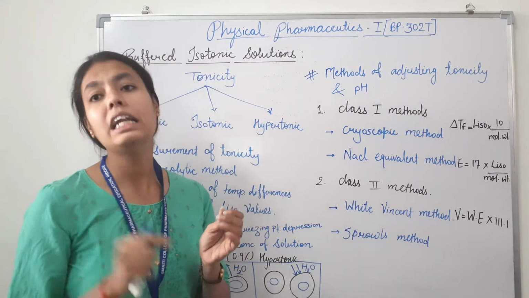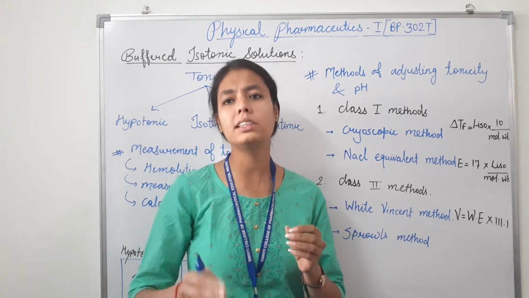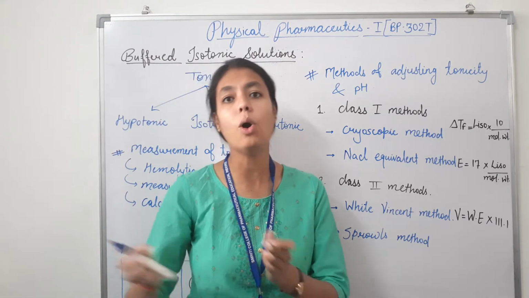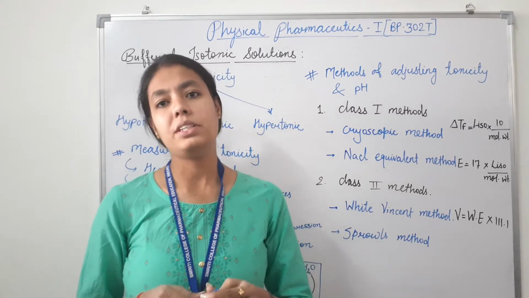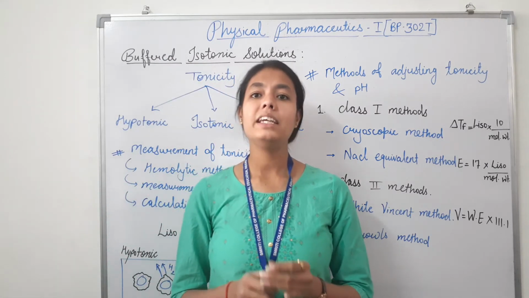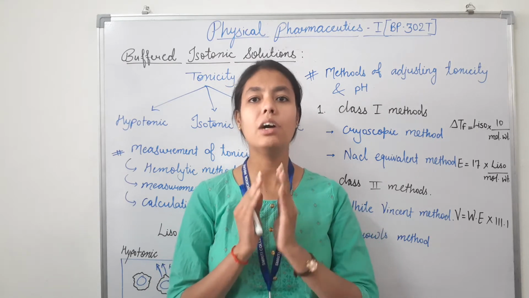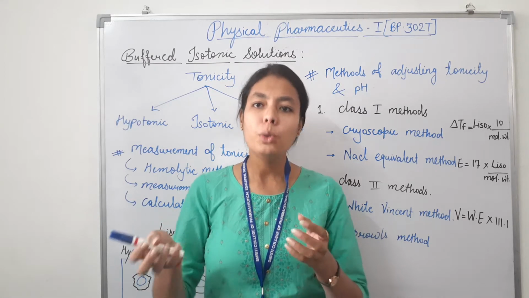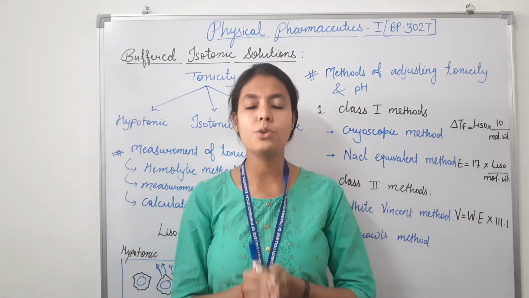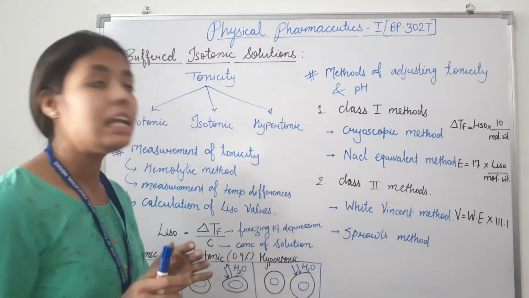More than 0.9% NaCl, whether it is 1% or 2% or 2.5%, all are hypertonic with reference to the RBC. So if the RBC are suspended in 2% NaCl solution, the water within the cell passes through the cell membrane to dilute the surrounding salt solution, and this will cause cell shrinkage.